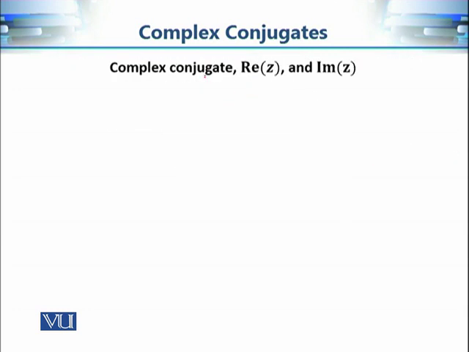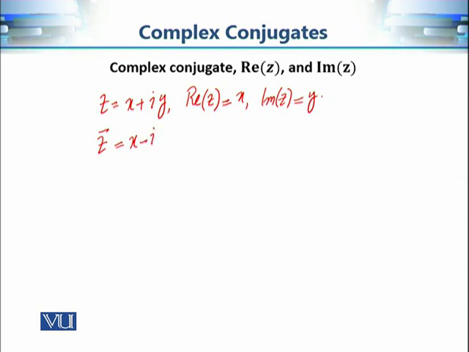Now we are going to relate complex conjugate with the real and imaginary part of this complex number. Now if z is equal to x plus iota y, and we know that real part of z is x and imaginary part of z is y, and conjugate by definition is x minus iota y.